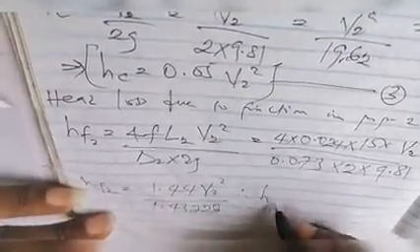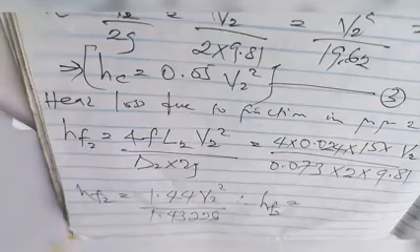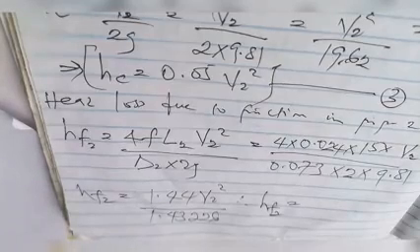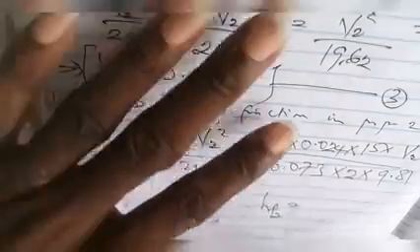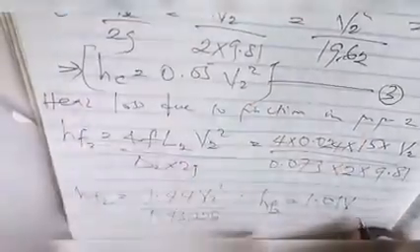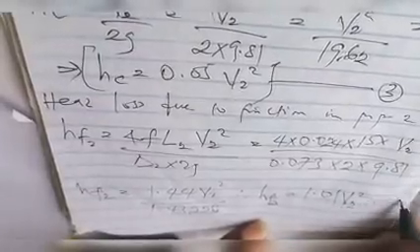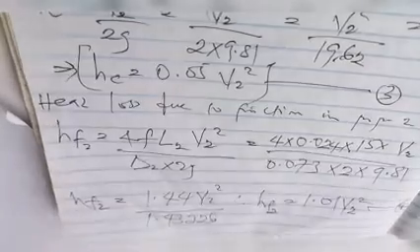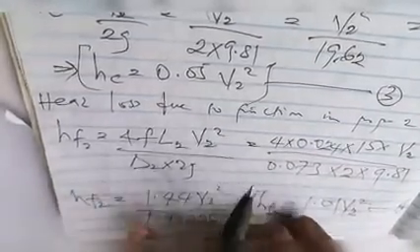Dividing this together gives head loss due to friction in pipe 2 equal to 1.44 divided by 1.43226. That gives us 1.005 or approximately 1.01 V2 squared. So this is equation 4, for head loss due to friction in pipe 2.